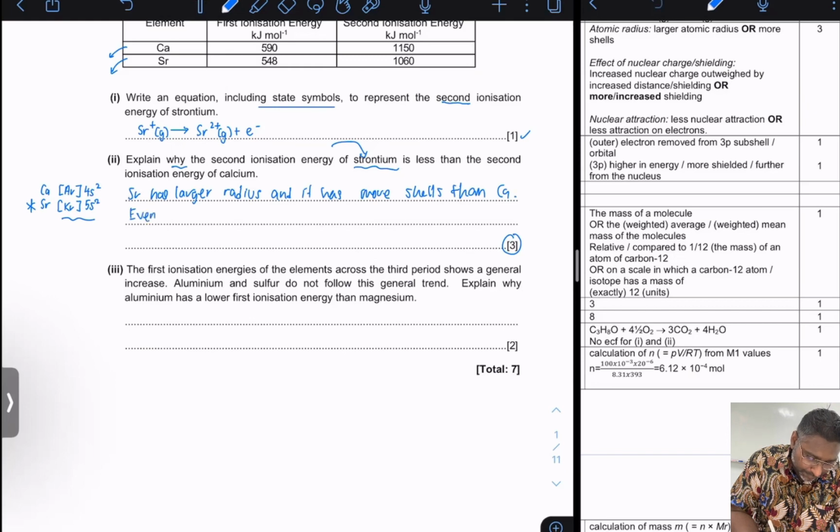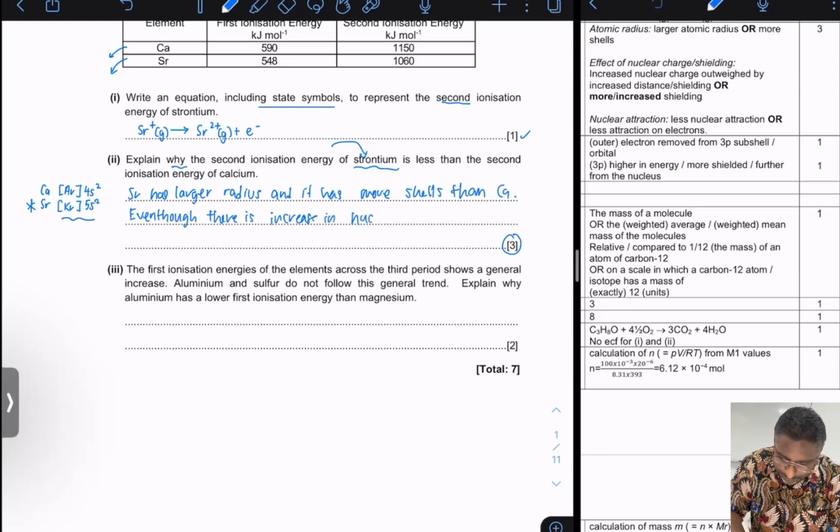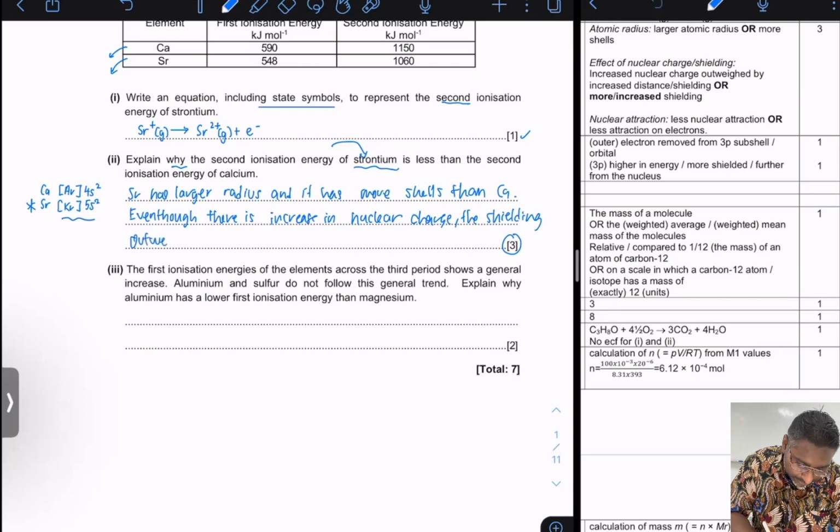even though strontium has more nuclear charge, even though there is an increase in nuclear charge, the shielding effect outweighs it.